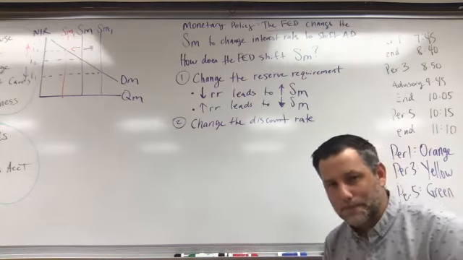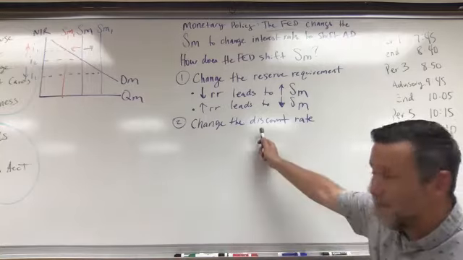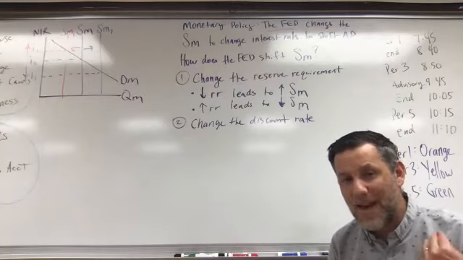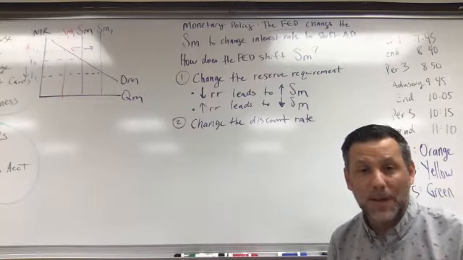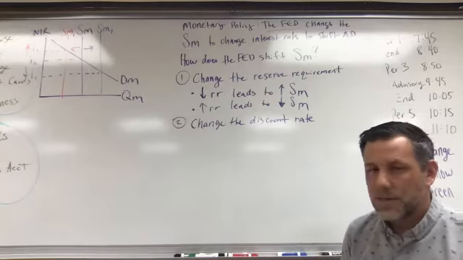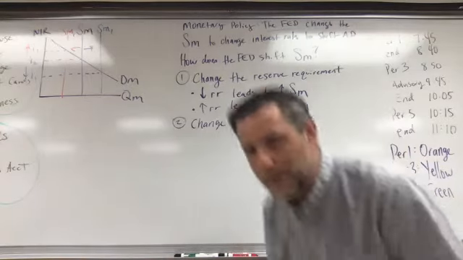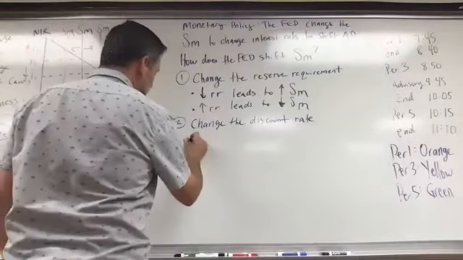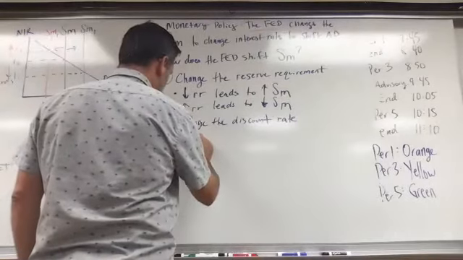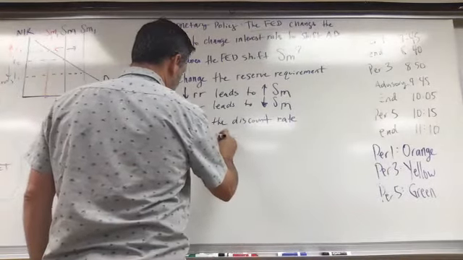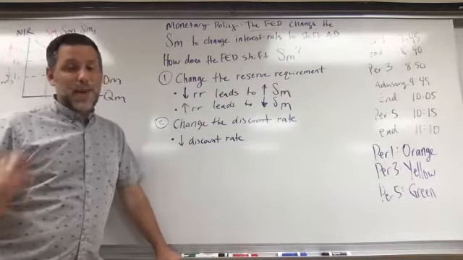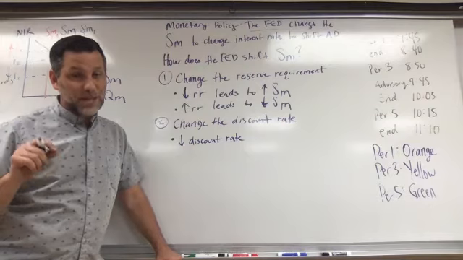Basically, the discount rate is pretty symbolic. It's really what the Fed uses to let the public and businesses know what they're thinking and doing. So in general, if the Fed decides to lower the discount rate, a lower discount rate means that banks can borrow money from the Fed cheaply.